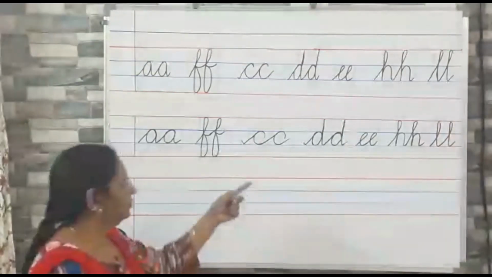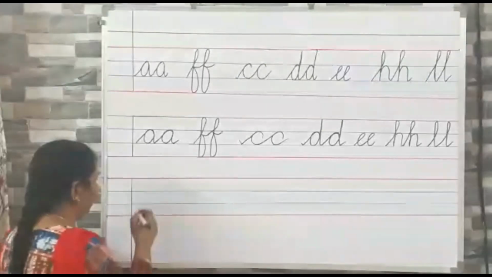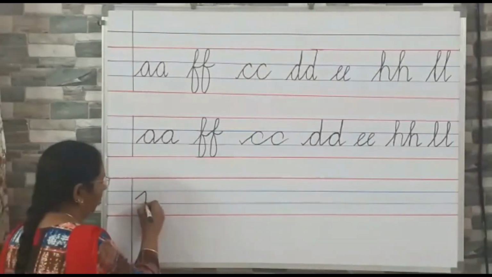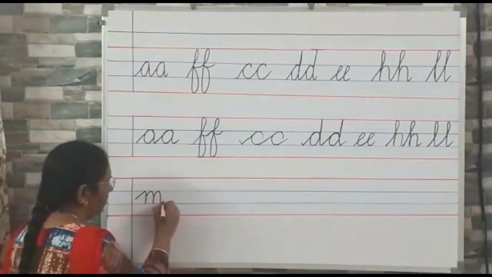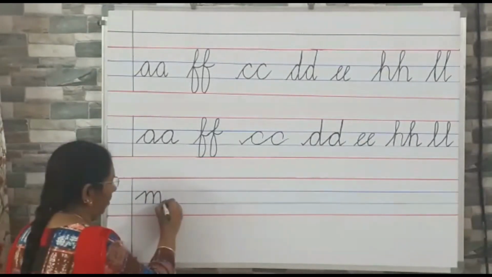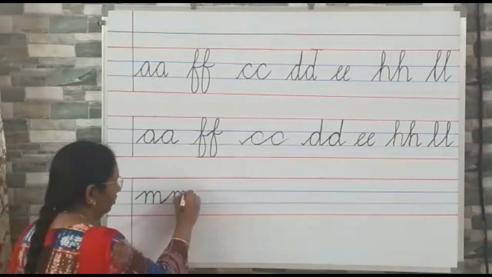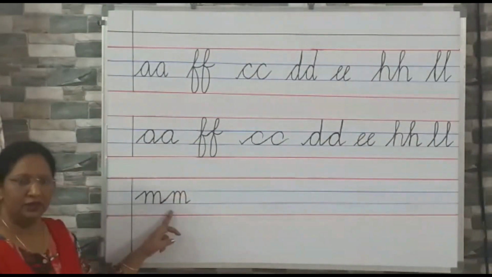This is how letters are done. Okay? Now let's see letter M also. Slanting line, come down, one house, two house, and M is ready. Strike this line again, go up, 1, 2, 3, and tail, and M letter is ready.